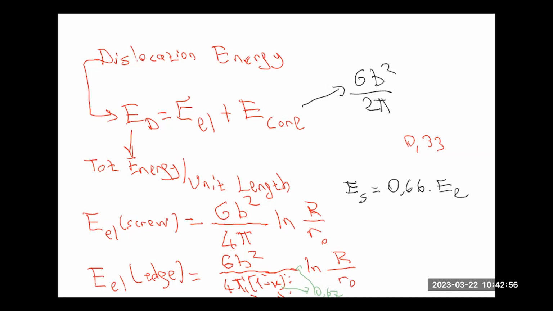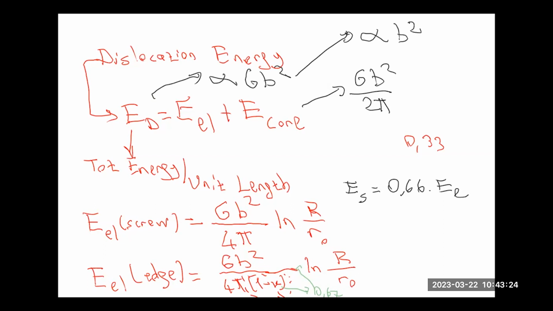And the core energy is again proportional to Gb squared divided by 2 pi. So in total, the energy of edge and screw, the total energy, is some constant times Gb squared. In short, it's related to Burgers vector. It is proportional to the Burgers vector squared.